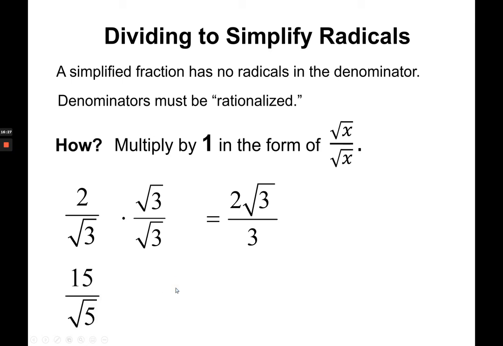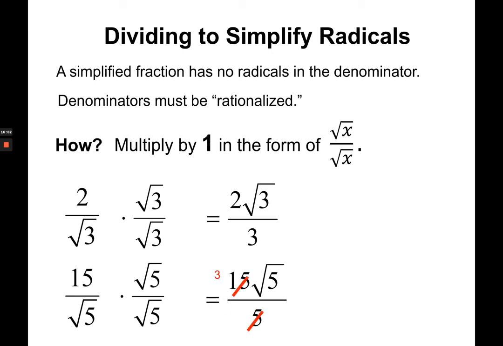Let's have another example. So here, instead of square root of 3, we are going to multiply the expression by square root of 5 over square root of 5. And so, on top, you have 15 times the square root of 5. Underneath, you have 5. But 15 is divisible by 5, which is 3.